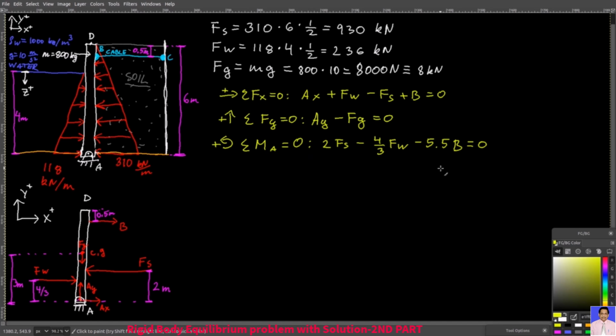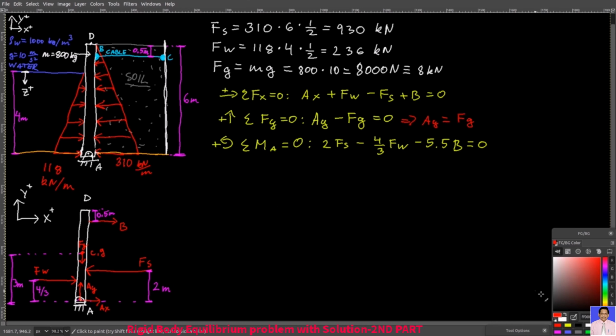So that's the equation. So here I can write Ay equals Fg, since the lines of action of Ax, Ay, and Fg go through point A, so they produce no moments about that point.